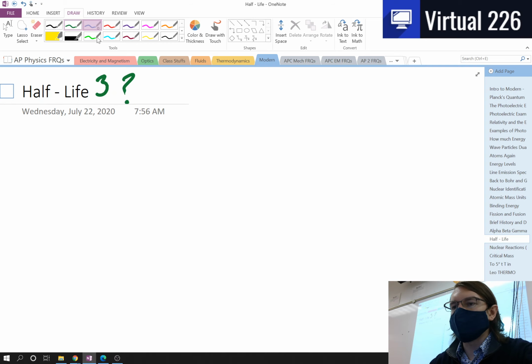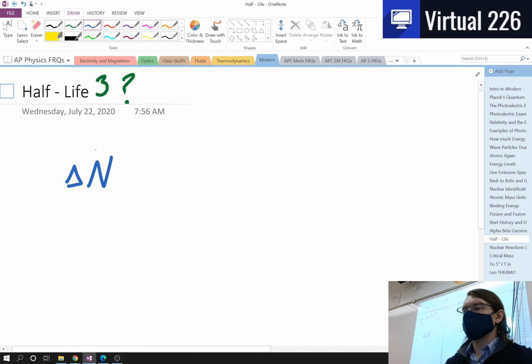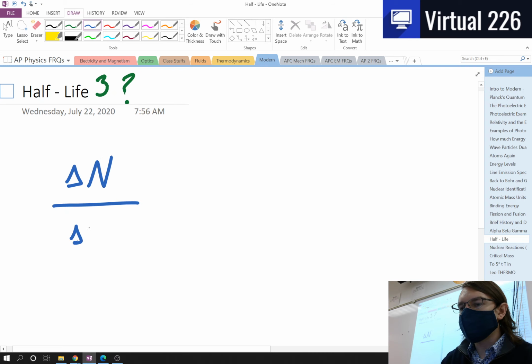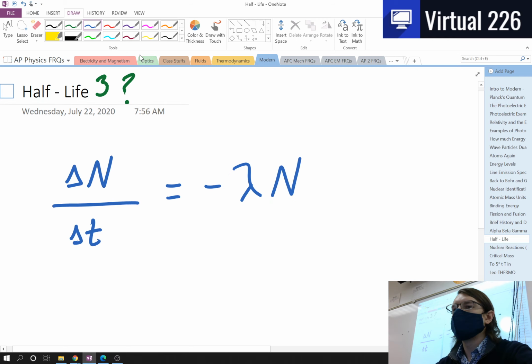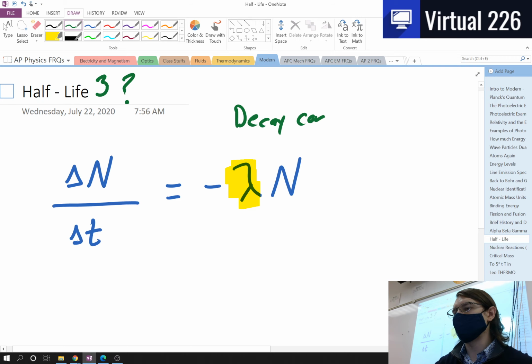So let's write this. The change in the number of particles in some amount of time is equal to some negative lambda multiplied by n. Where this lambda here, we refer to as a decay constant.